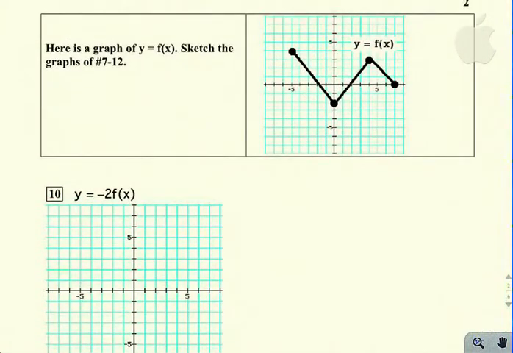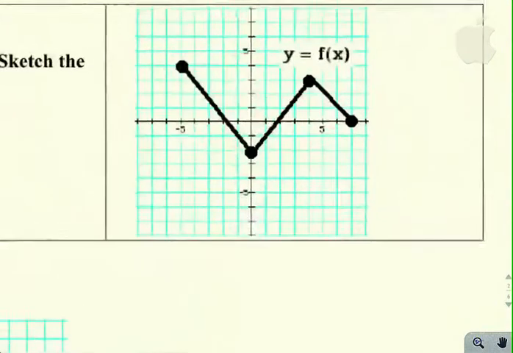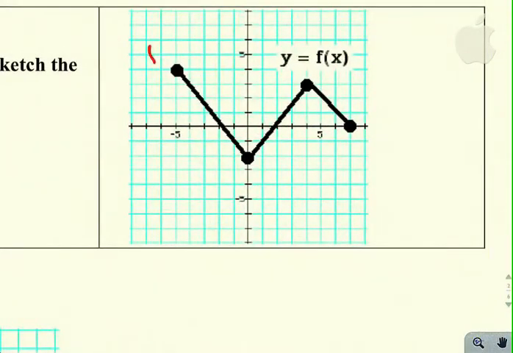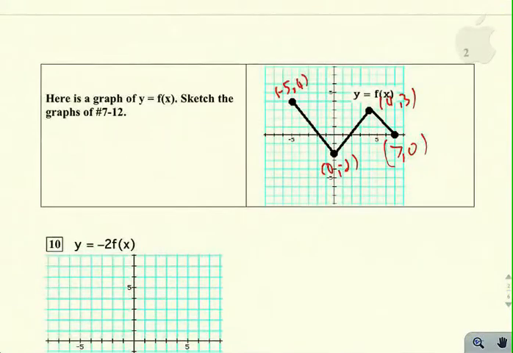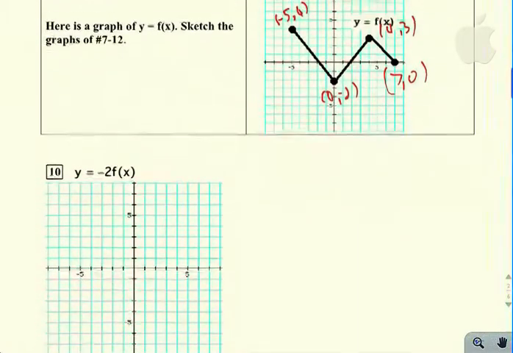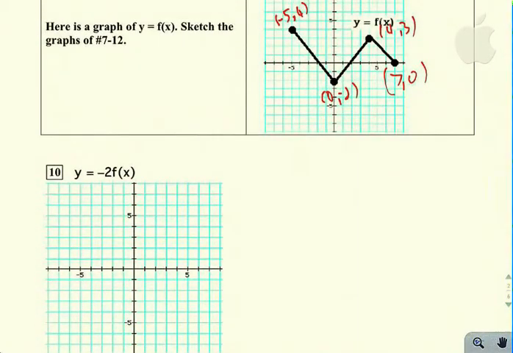Okay, number 10. Let's identify these points again. This is negative 5 comma 4. 0 comma negative 2. 4, 3. 7, 0. Number 10, we're multiplying the y's by negative 2.